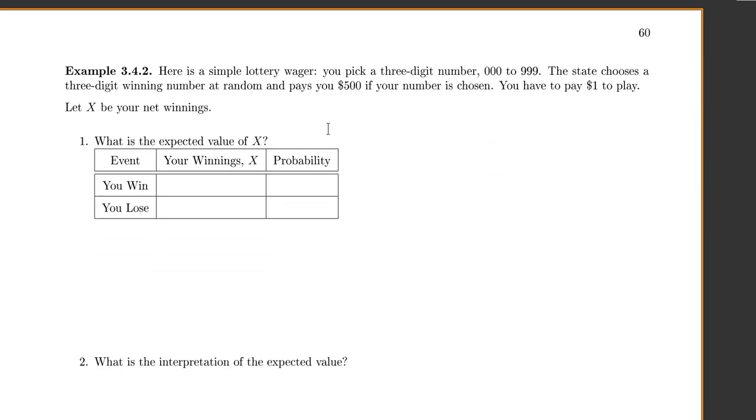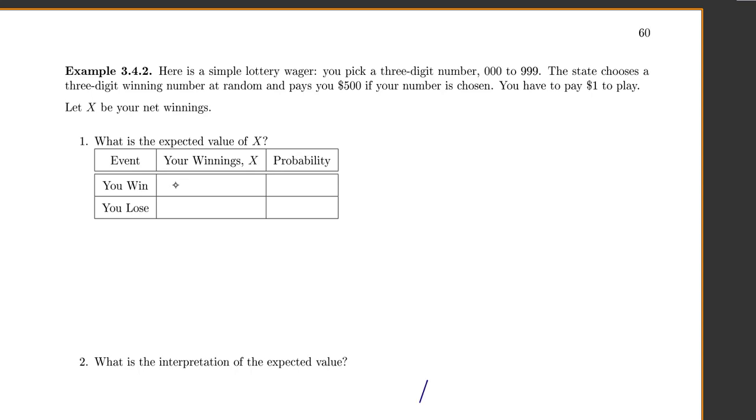Here's another simple wager. Let's say you pick a 3-digit number, 0 to 999. The state chooses a 3-digit winning number at random and pays you $500 if your number is chosen. But you had to pay $1 to play. So let's let x be our net winnings and find the expected value of x. Let's start by writing down our possible x values and our probabilities.